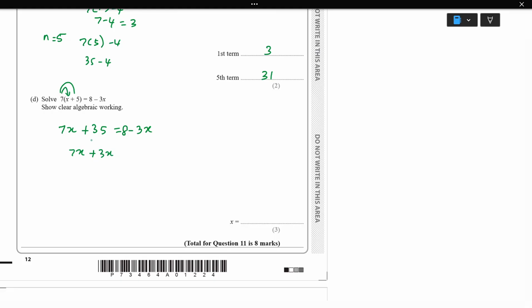Then I'll subtract 35 both the sides, which is 8 minus 35. So what I'll get, 10x equal to 8 minus 35, which is -27. So then divide 10 both the sides, which is -27 over 10 equal to -2.7. -2.7 is the answer.